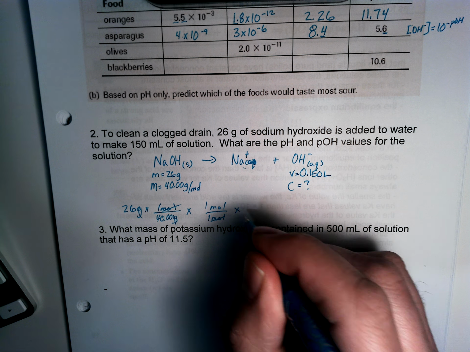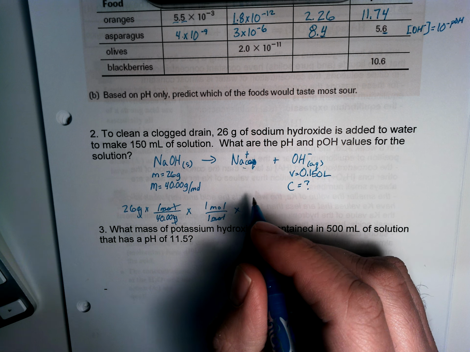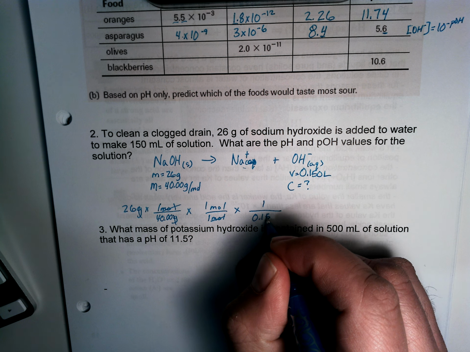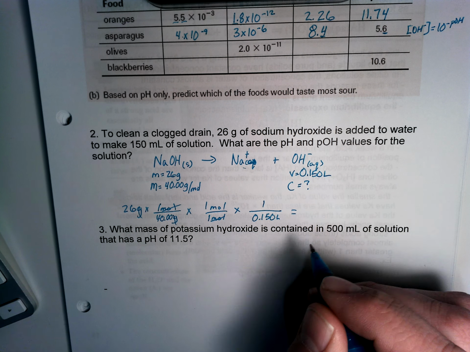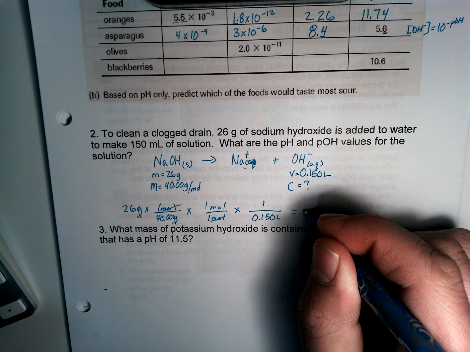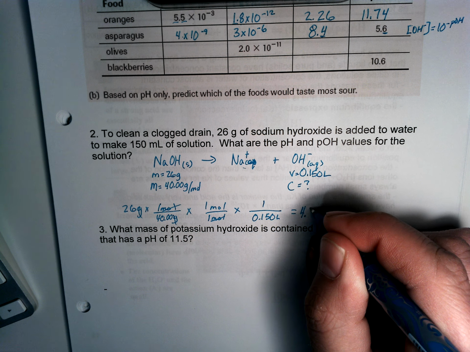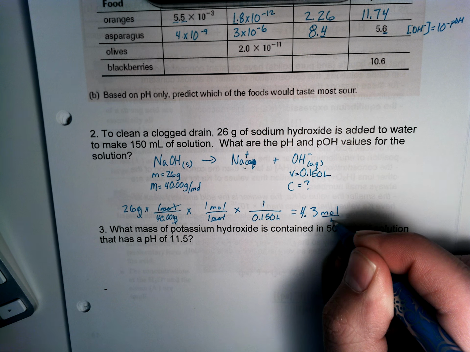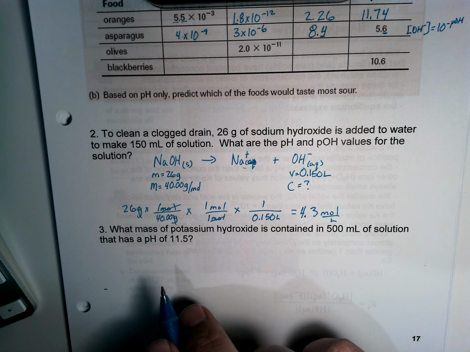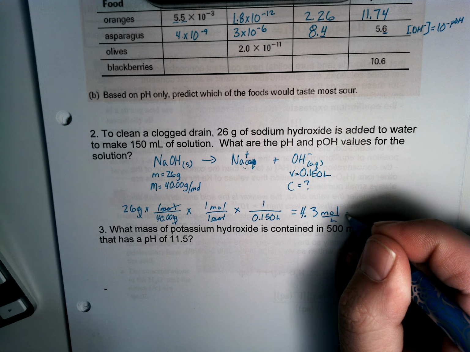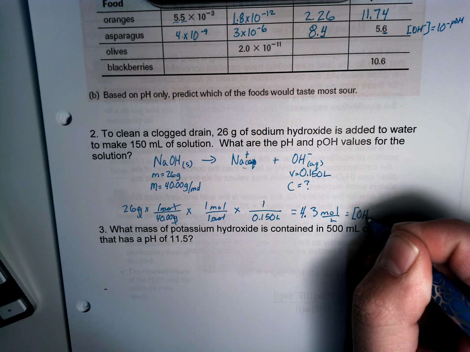I want concentration, which is in moles per liter, so I'm going to put my liters on the bottom. My concentration comes to 4.3 moles per liter. This is equal to the concentration of OH.